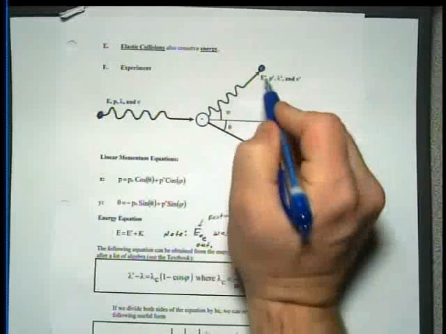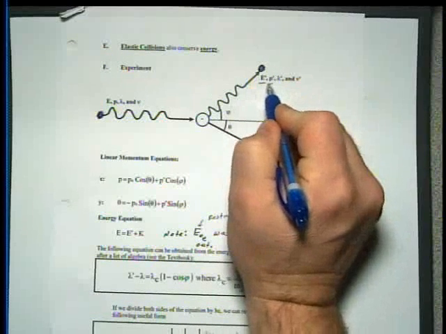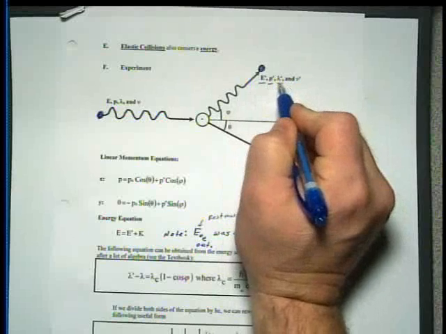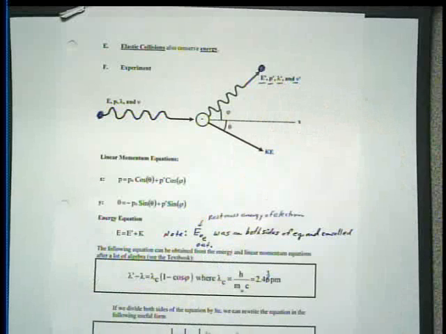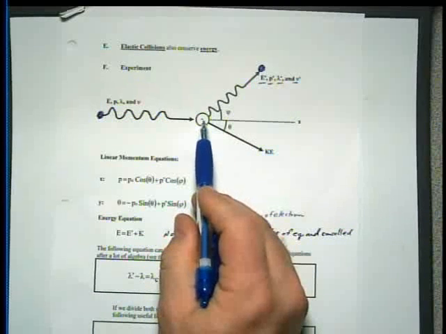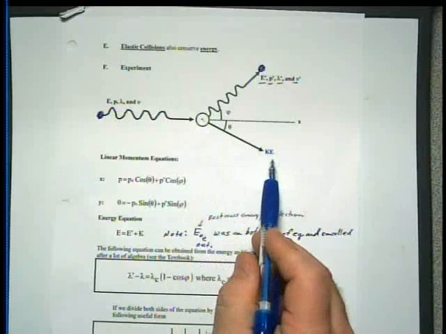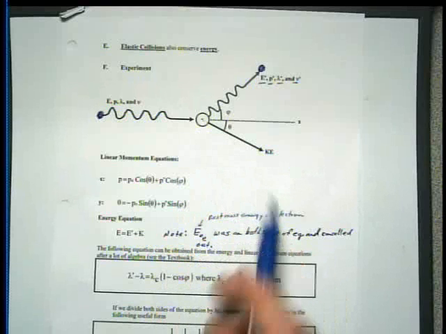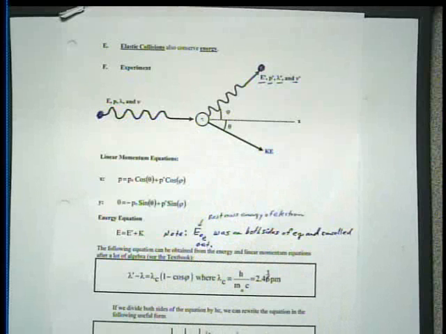But it'll have a new energy, a new momentum, and therefore a new wavelength, a new frequency. And the electron will be given kinetic energy and come off at some other angle. This is elastic scattering. It must conserve linear momentum, and it must conserve relativistic energy.